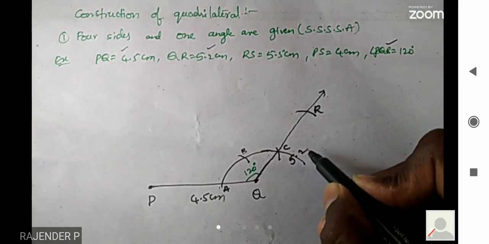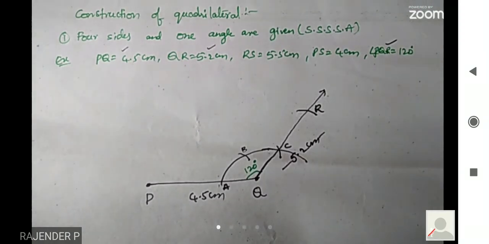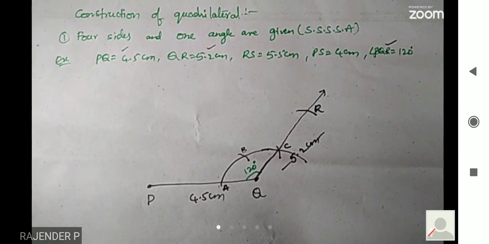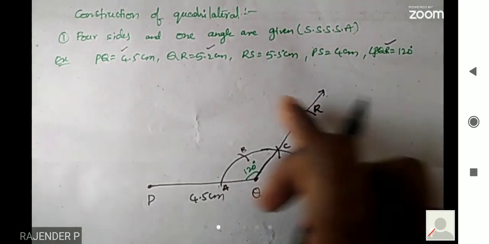Okay, this is 5.2 centimeters at R. Next, two more are left here, RS and PS. RS means the distance from R to S. PS means the distance from P to S. So here PQR is completed. S will be on this side.